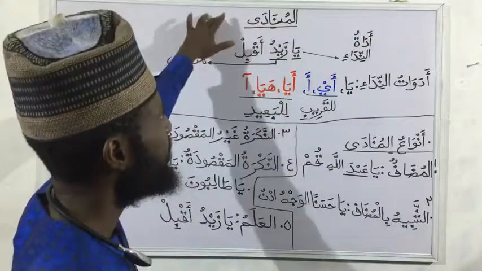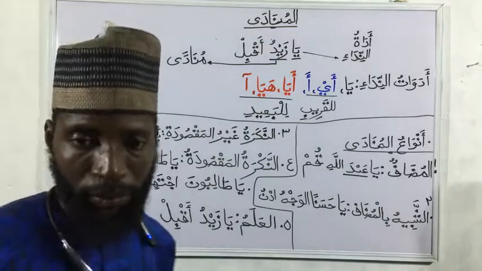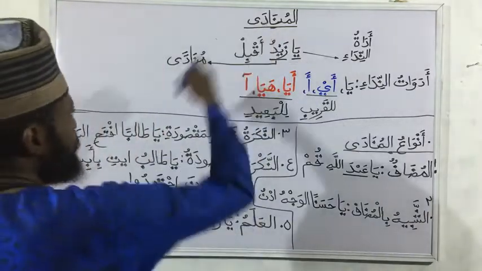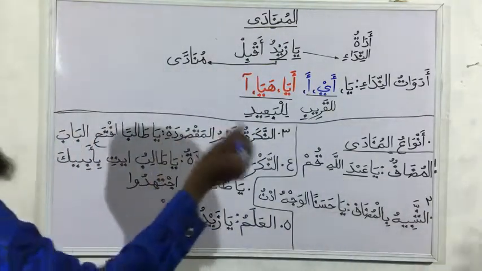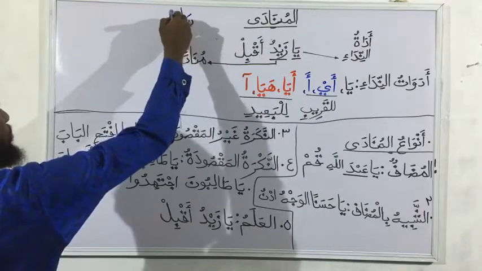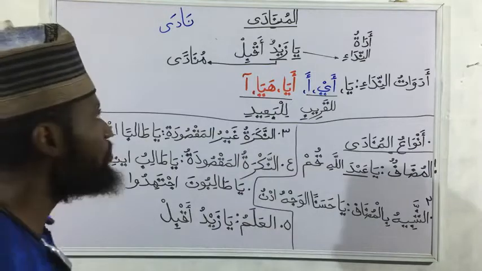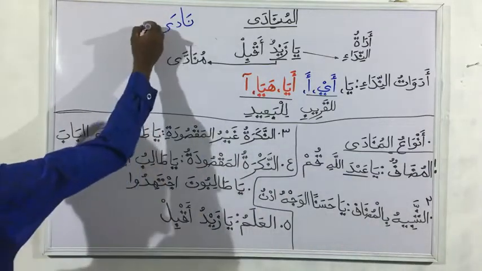So al-munada. Munada is from the verb. Let's quickly look at its conjugation. It's from the verb nada. It's a Rubai verb, nada, which means he called. So the mudori will be what?